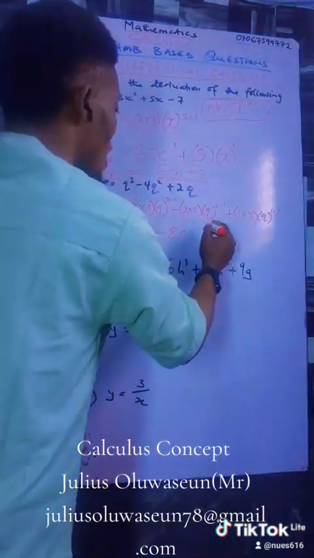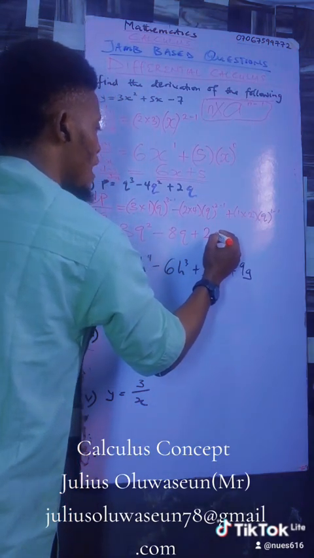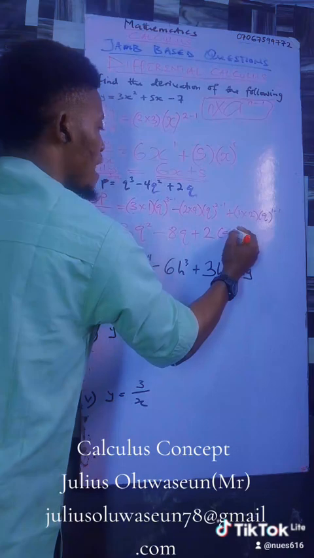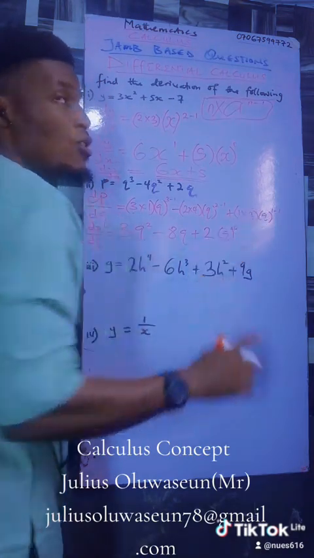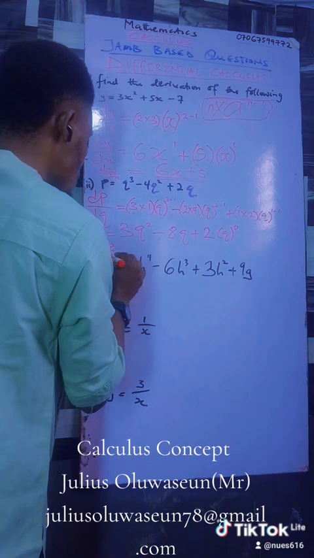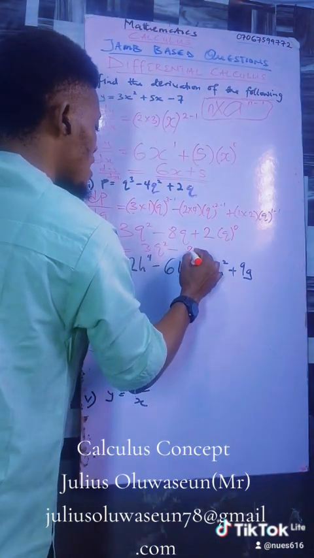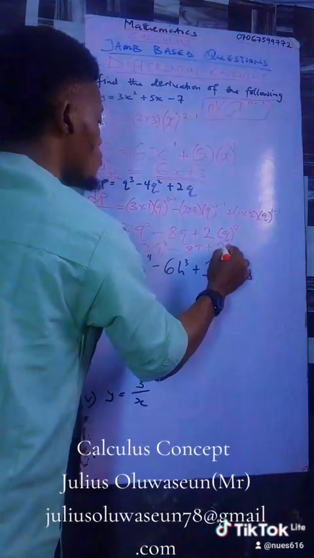So we also have plus 1 times 2, that is 2, and this is q power 0. Anything raised to power 0 is what? Is 1. So we have p of q is going to be 3q power 2 minus 8q plus 2.